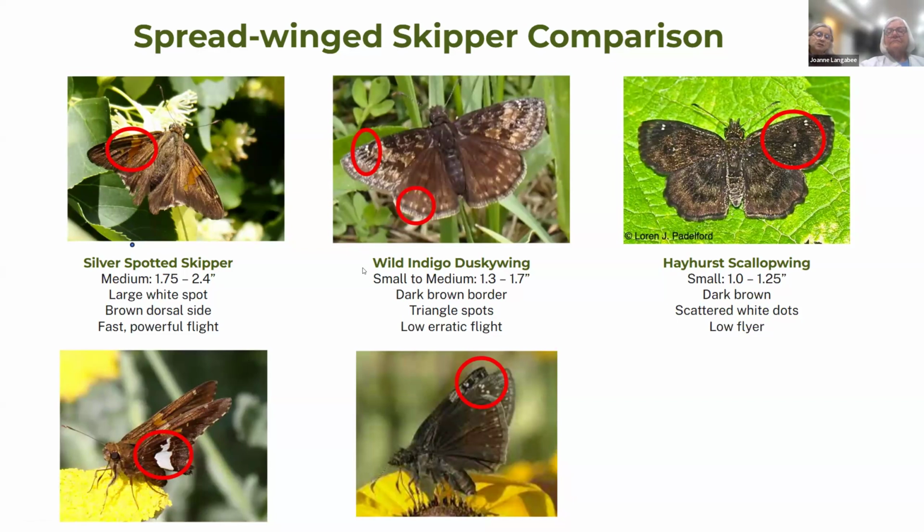that? Moving to the wild indigo dusky wing. It is one of our at-risks, but it is pretty common in Lawrenceton because Lawrenceton has a host plant that it has actually adapted to, and that's crown vetch.